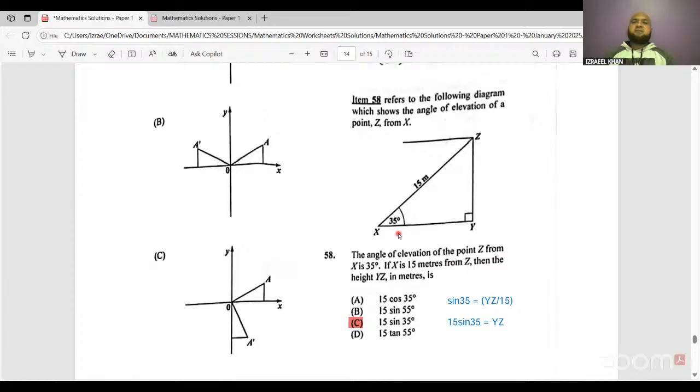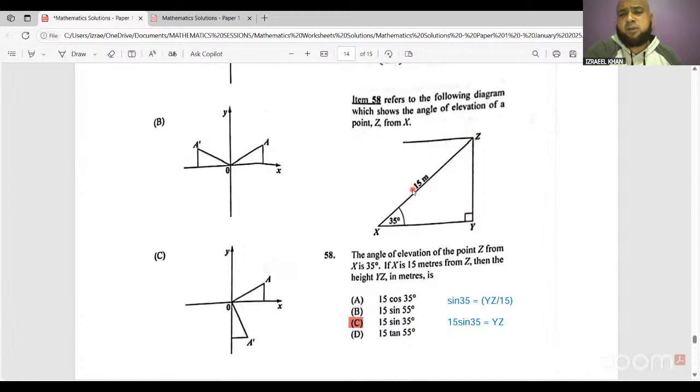Now, if I use sine 35, it will be opposite, which is YZ, over my hypotenuse, which is 15. In case you're wondering how you know this is the hypotenuse: the hypotenuse of a right angle triangle, which is the longest side, always faces the right angle. So 15 faces the right angle, making this the hypotenuse. So sine 35 is YZ over 15.